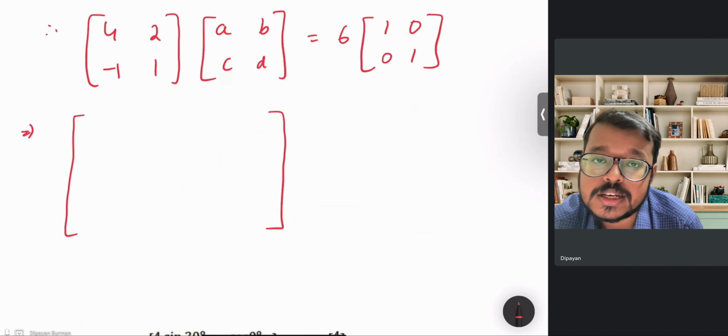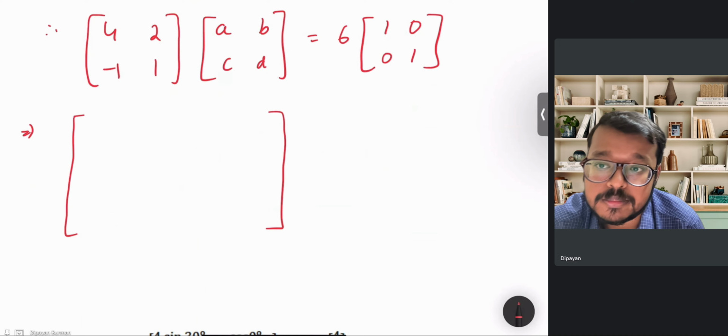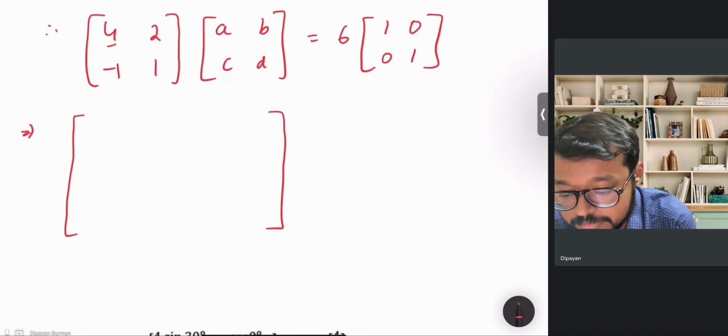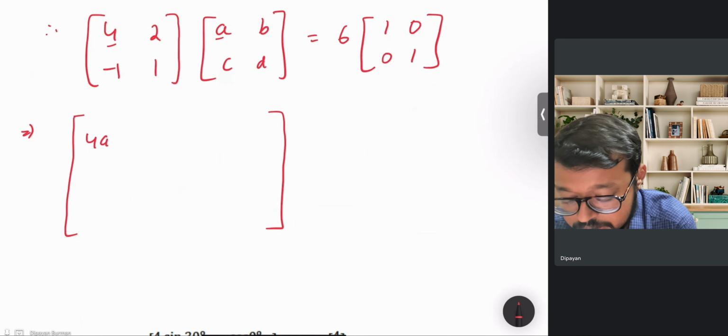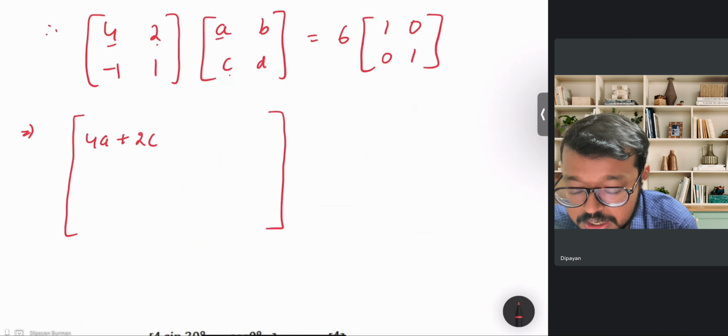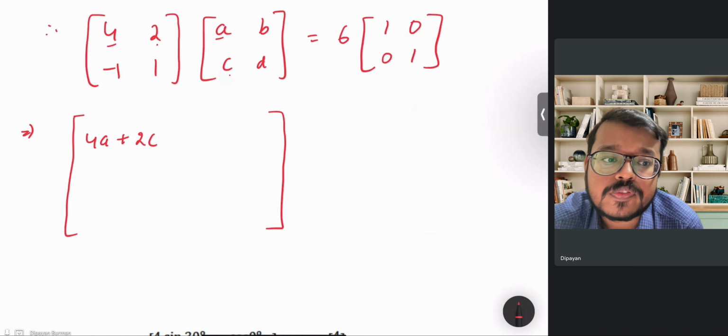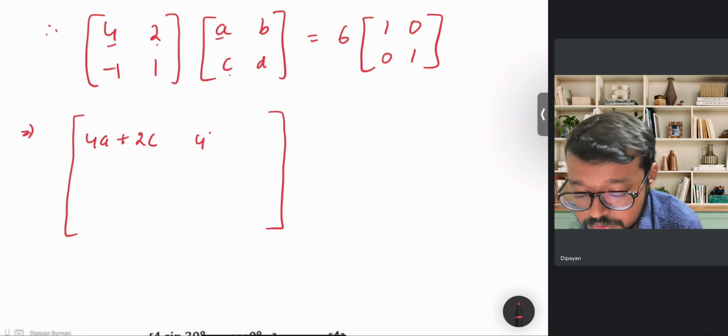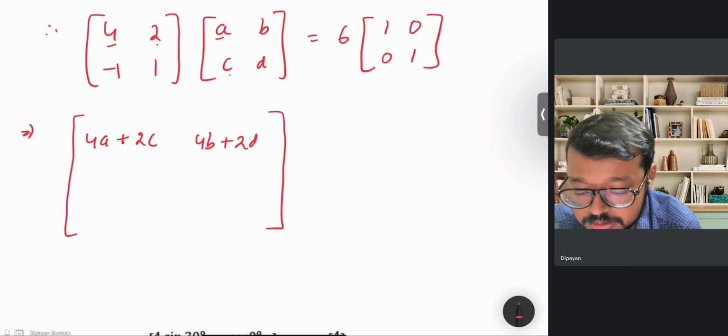So we will have 4 elements. The first row first column element will be 4 multiplied by A, so 4A plus 2C, and the first row second column element will be 4B plus 2D.